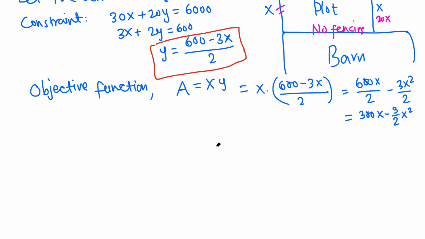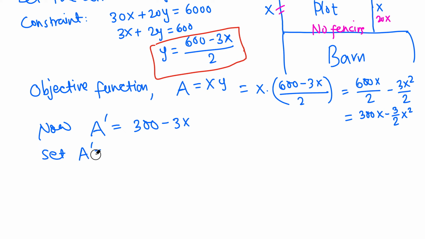To minimize or maximize, we find the function's derivative. That's the calculus part. So far just algebra. Now we want to find the derivative, which is 300 minus 3 halves times 2x, and 2 and 2 cancel, 3x.